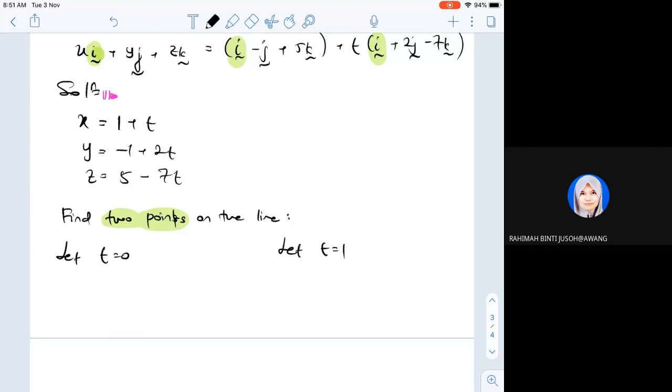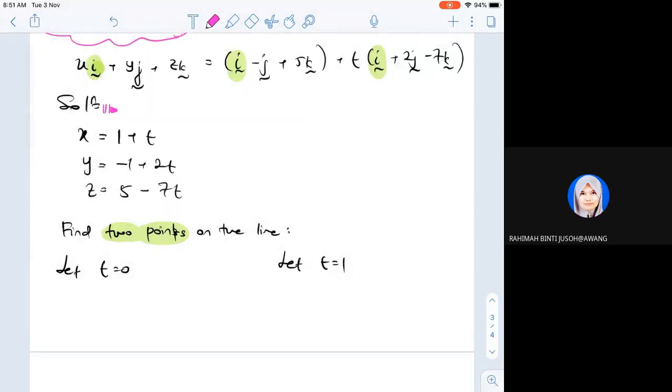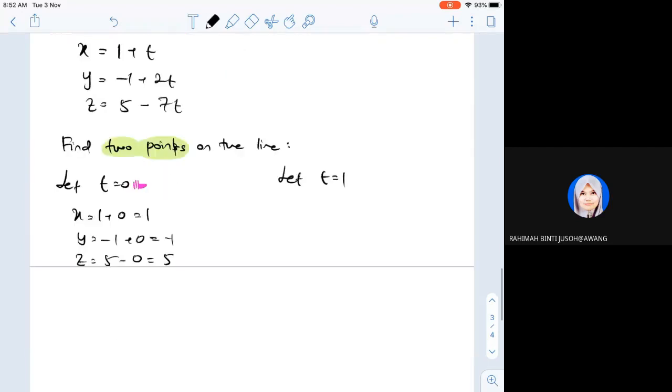All right, so let us substitute t equals 0 first. So x equals 1 plus 0 equals 1, y equals negative 1 plus 0 equals negative 1, and z equals 5 minus 0 equals 5. Therefore, the point is 1, negative 1, 5.